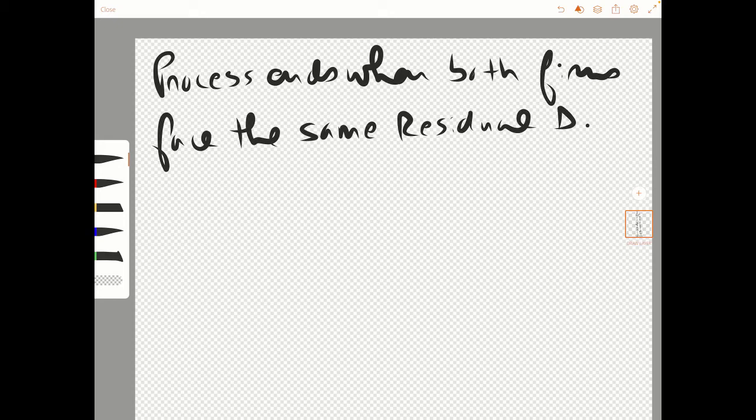And as a result of that, both firms are going to produce the same output. This is something that we refer to as convergence. Now that convergence is going to occur when both firms face the residual demand curve that looks like this.